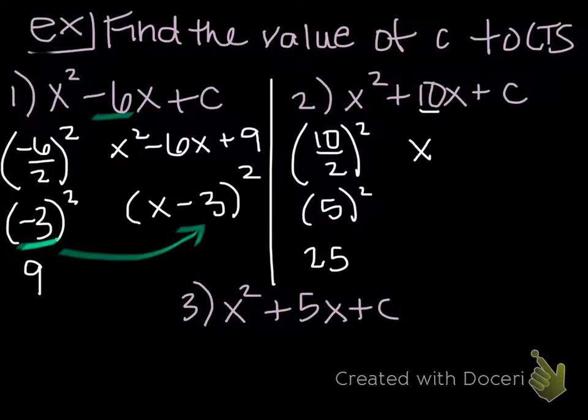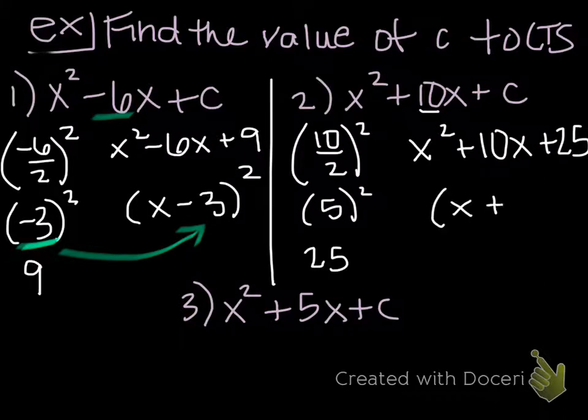So I come back here, I'll write x squared plus 10x plus 25. This factors to be the quantity x plus 5 squared. And if you think about it, the two numbers that multiply to be 25 and add to be 10 would be 5 and 5.